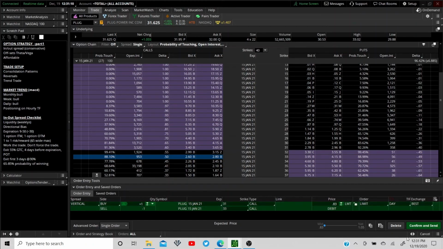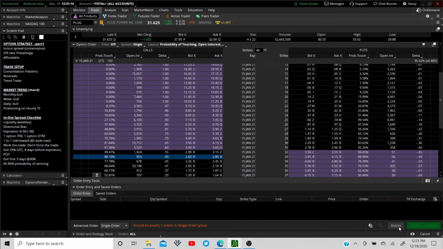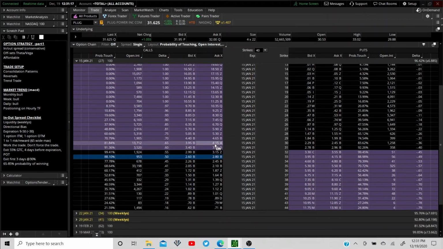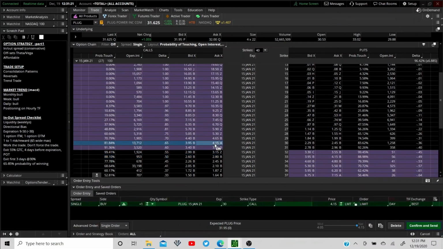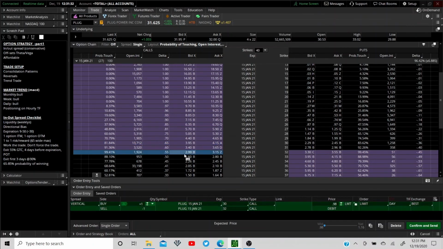That's fine, but we want to be a little bit more conservative. So let's go down to the 30 strike. Let's build that call. We're going to buy that call option and then sell the 32 against it. Again, one that's in the money and then one that's out of the money.